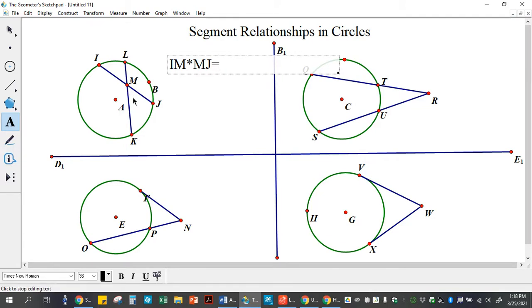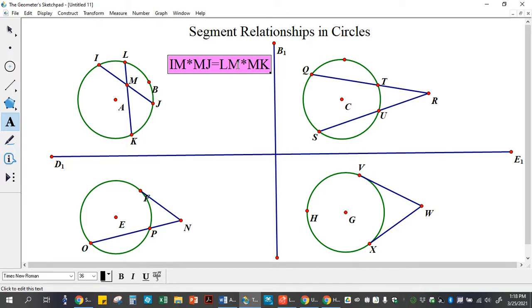So it's a proportional idea. LM times MK.